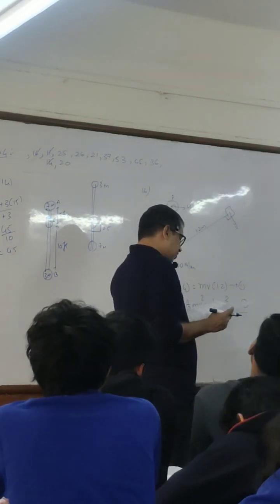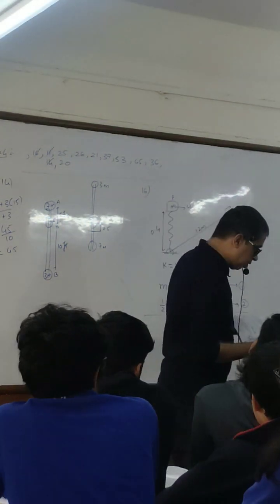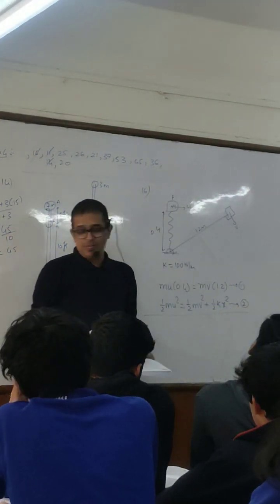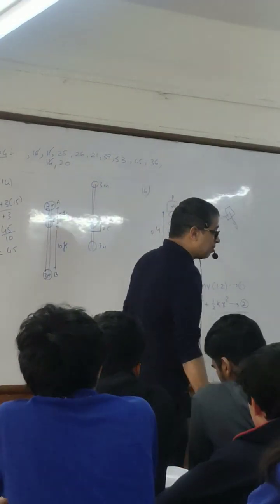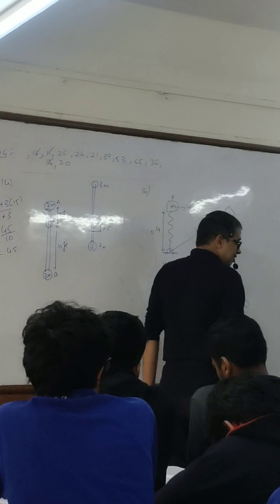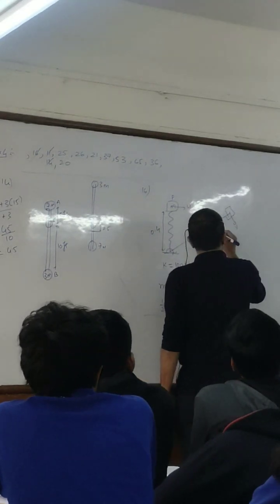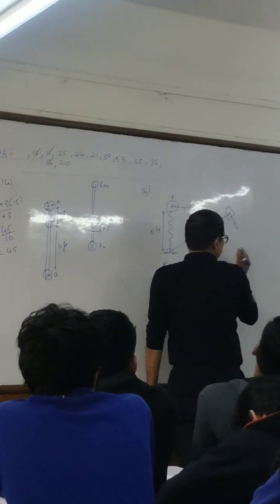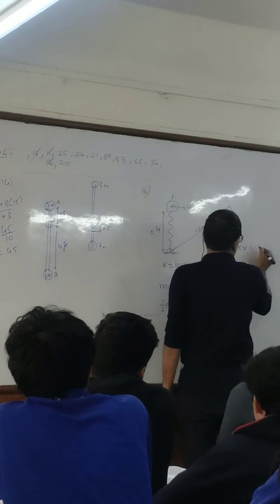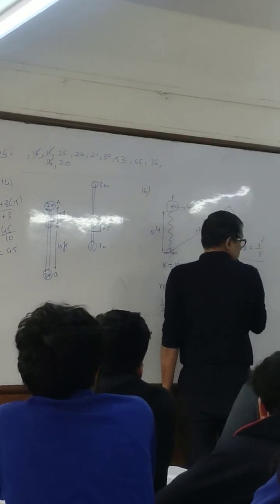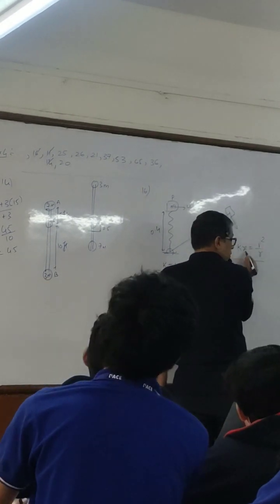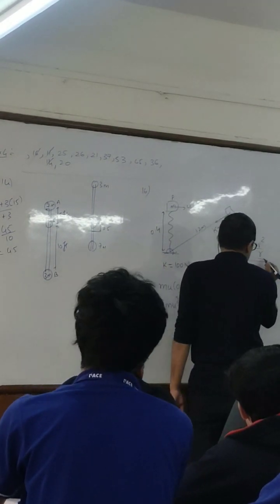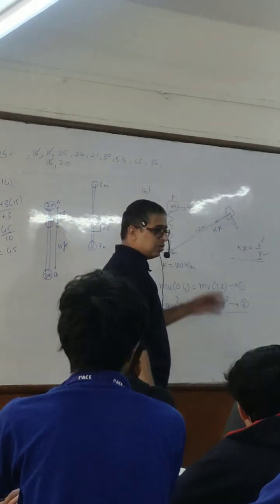Now radius of curvature of the path of the block when OP is 1.2 meters. Radius of curvature. kx provides the required centripetal force. You know k, you know x, kx provides the required centripetal force.